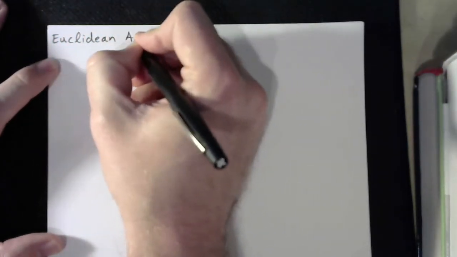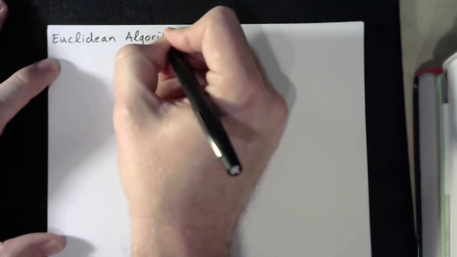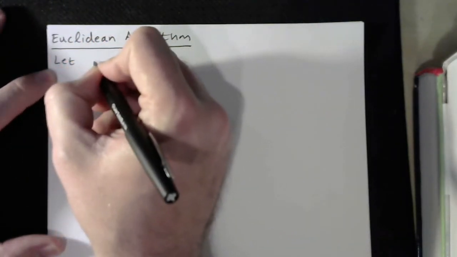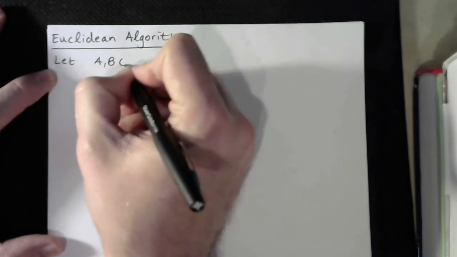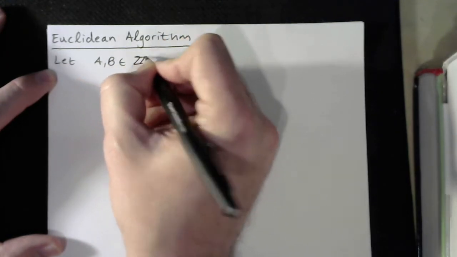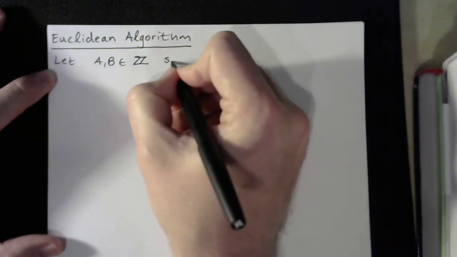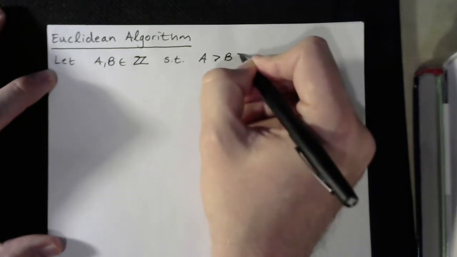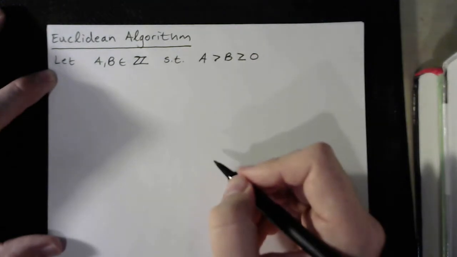Now, we've all used the Euclidean algorithm, even if you didn't know that you were using it. Euclidean algorithm. So this says let capital A and capital B be integers such that A is greater than B, which is greater than or equal to 0.